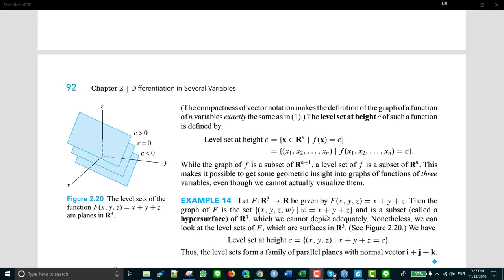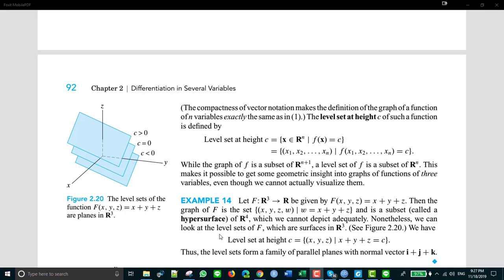It looks like the equation of a surface, but we don't know that for sure. But they're referring to it as a type of surface called a hypersurface. Hypersurface would be the extension of the concept of surface to 4 dimensions, which we cannot depict adequately.